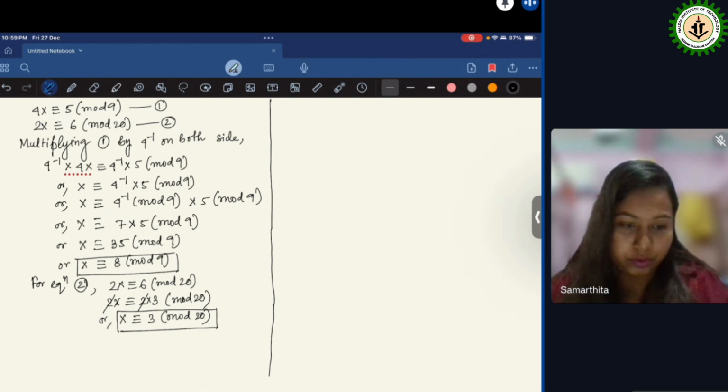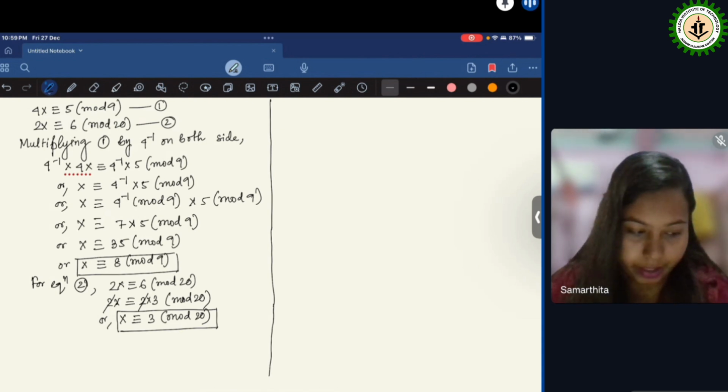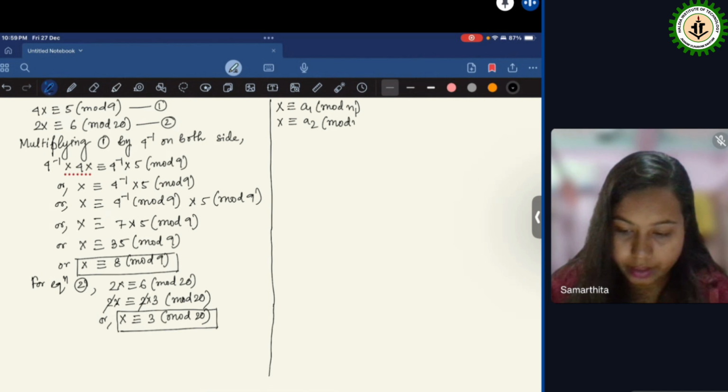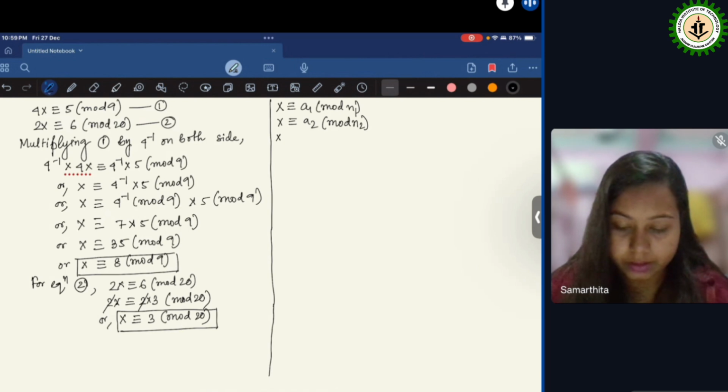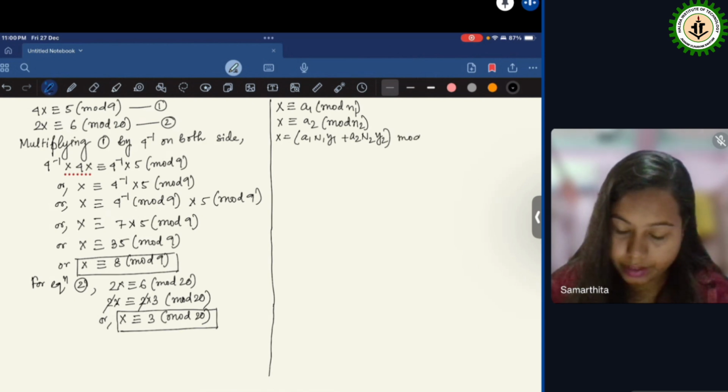So now we have to solve these two, and if we compare like x congruent to a1 mod n1 and x congruent to a2 mod n2, here I am also writing the required formula of finding x, like x equals, as there are two equations, a1 N1 y1 plus a2 N2 y2 mod capital N.